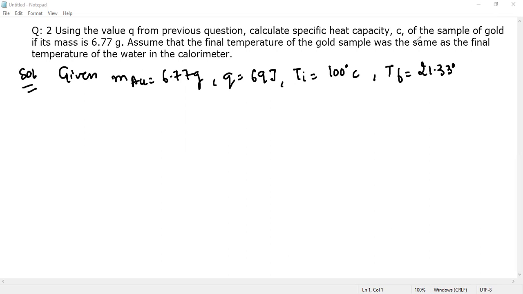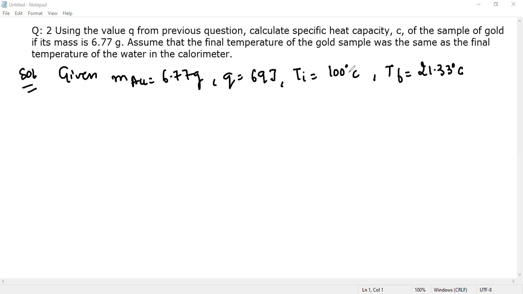What we had assumed is that the final temperature of the gold sample was the same as the final temperature of the water. So we know that was 21.33 degrees Celsius. And the initial was given in the previous question, 100 degrees Celsius.